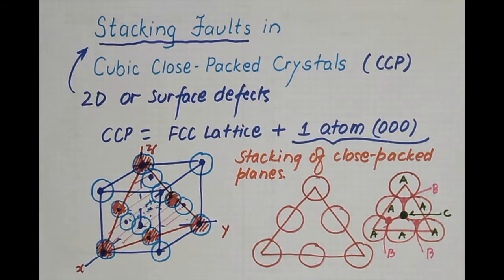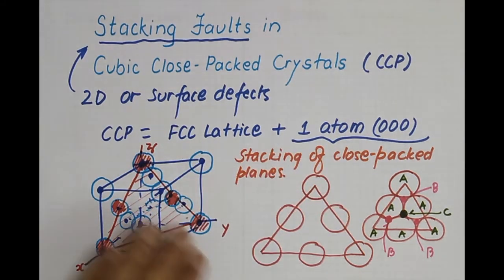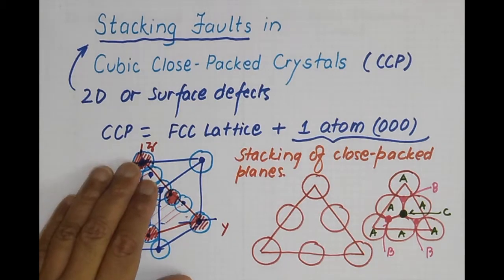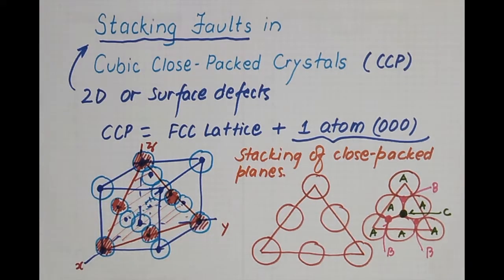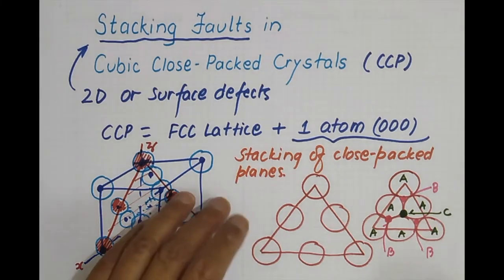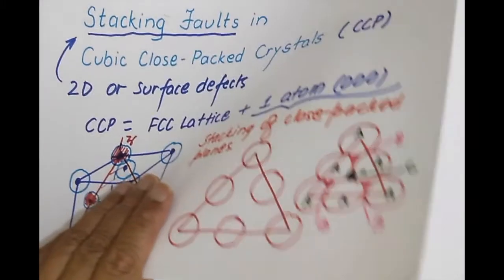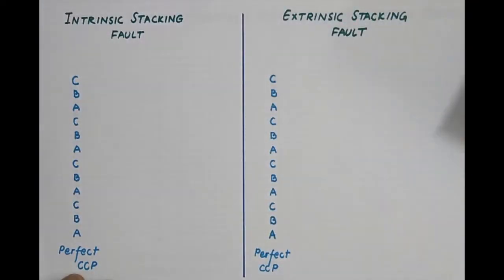So the next layer of atoms will come in the B location, and above that again atoms will come in the C location. So the FCC lattice plus one atom motif giving you the CCP crystal is considered to be an ABC stacking of close packed planes. So I show it here.